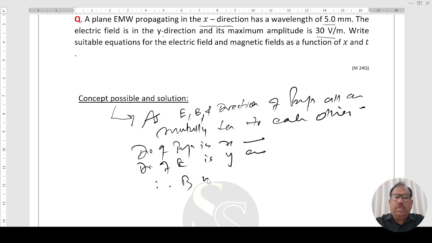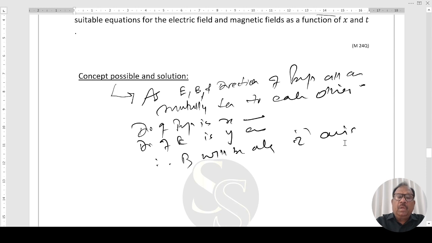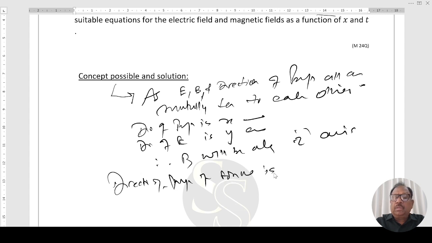Therefore, B will be along z-axis, positive direction of z-axis. Direction of propagation of electromagnetic wave is given by E cross B, right?